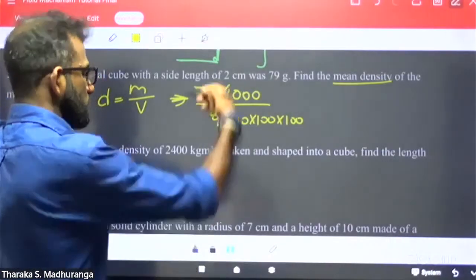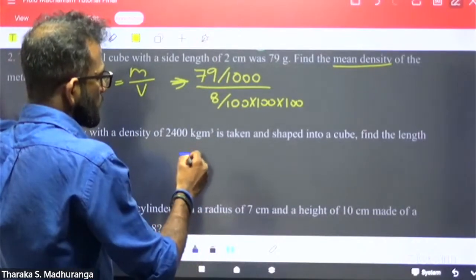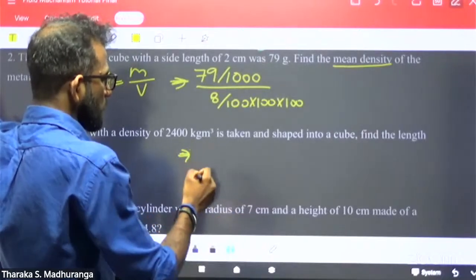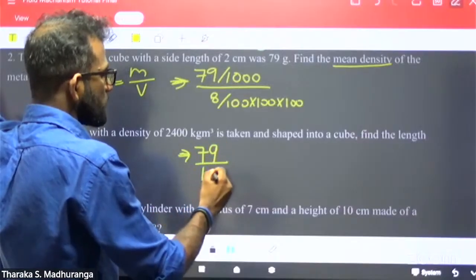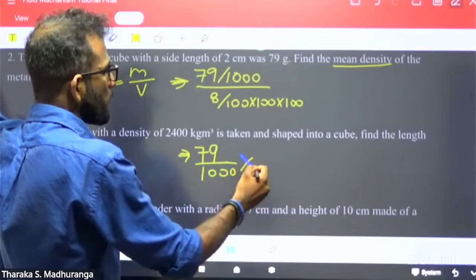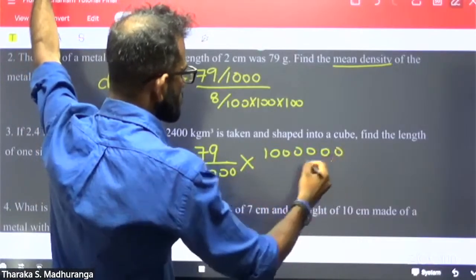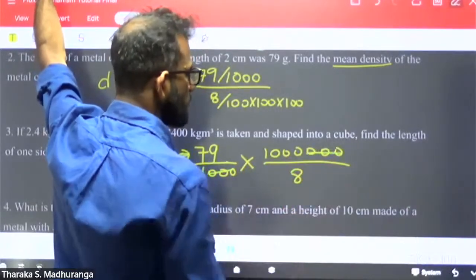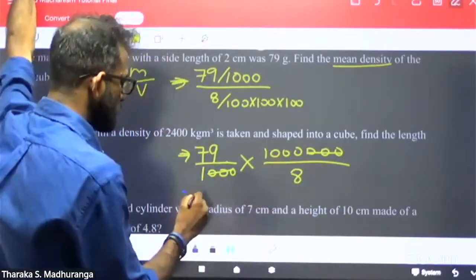Now 79 over 1000 multiplied by the 8. The 10 to the power 6 terms cancel out. 79,000 over 8.